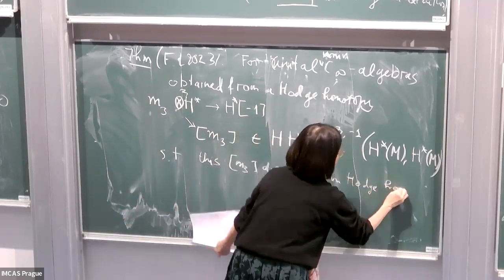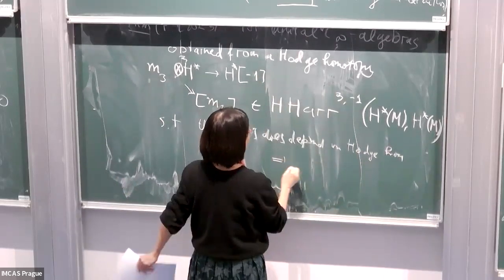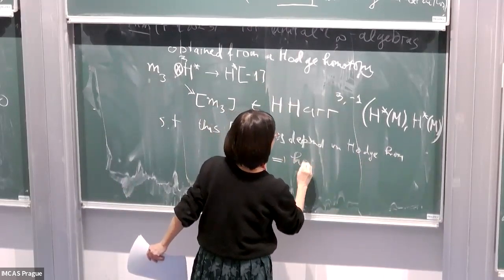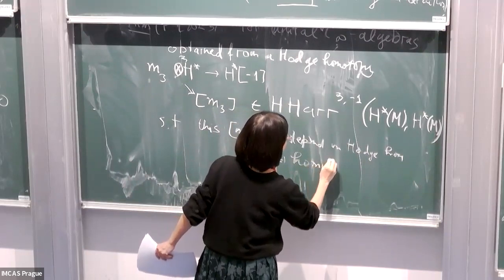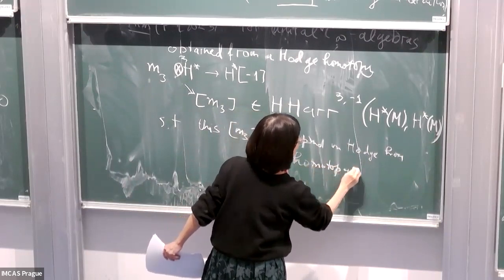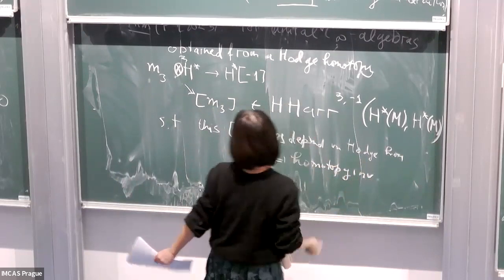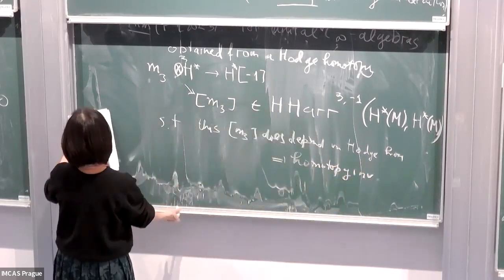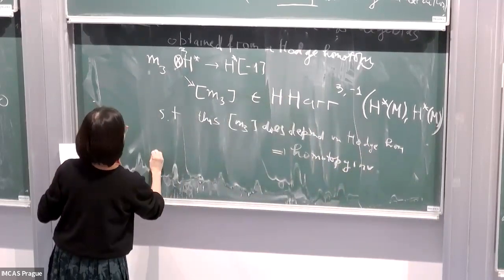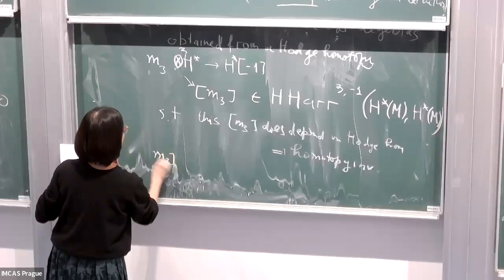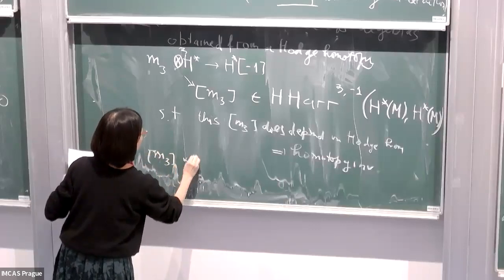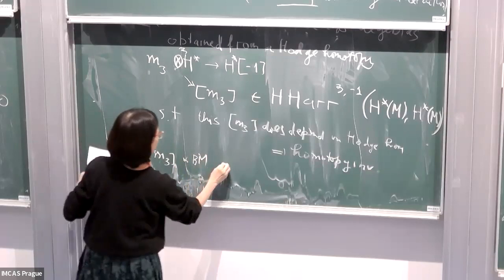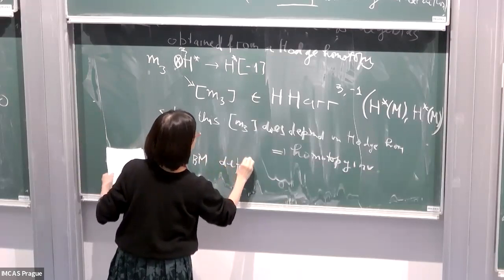Therefore it is a homotopy invariant of the manifold. And the second thing we show is that the M3 Harrison cohomology class and the Bianchi-Massey tensor define each other uniquely.